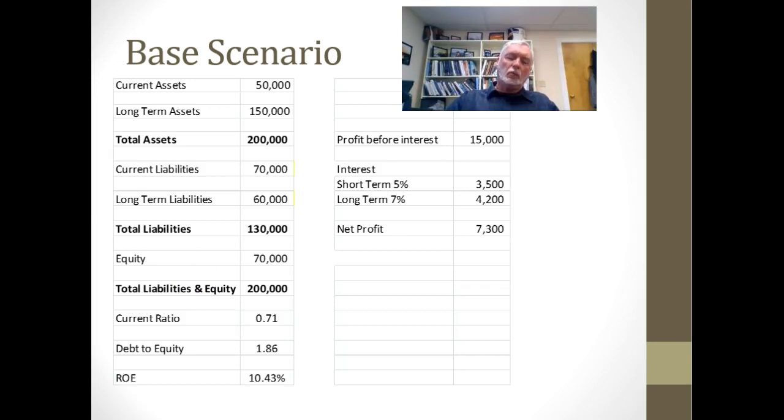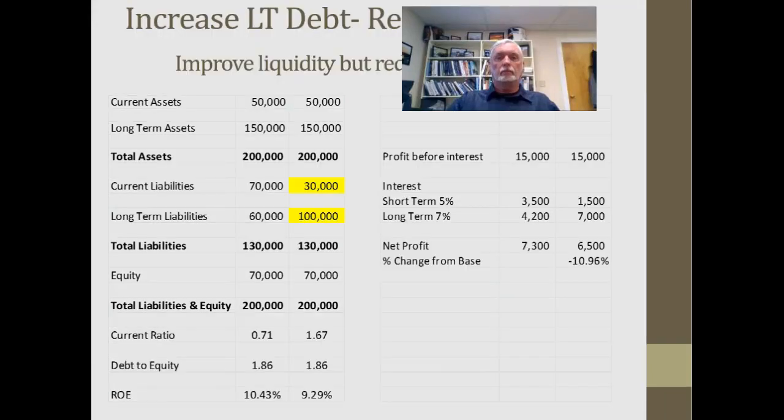So what can we do to this company? What happens to this company if we change some of these numbers without changing the totals? So we're not going to change assets at all, but we're going to change our liability mix.